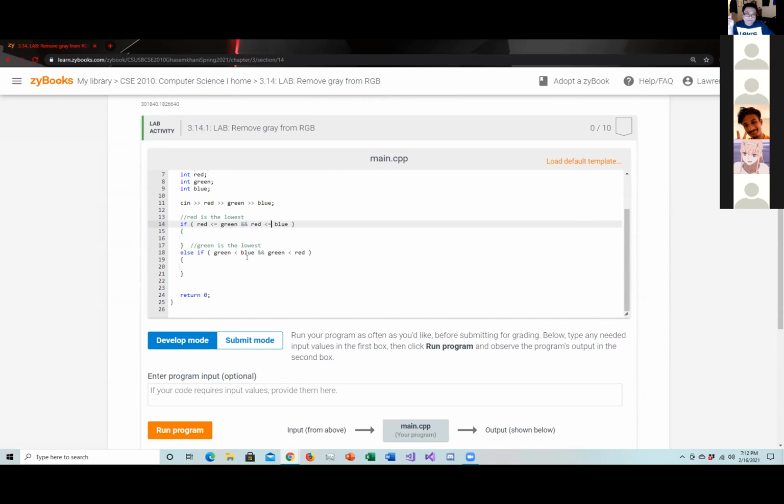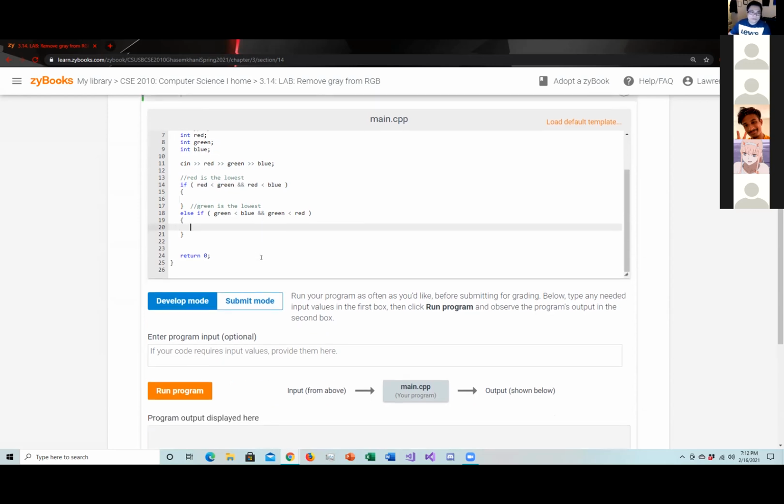Yeah, I believe that's how you do it. Actually, no. On second thought, let's remove the equals. I have a better idea to do that. Actually, I also just thought something.